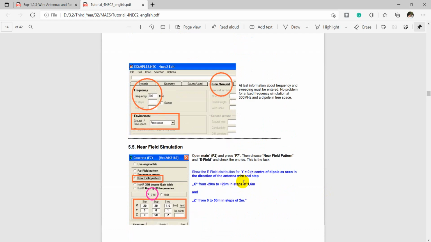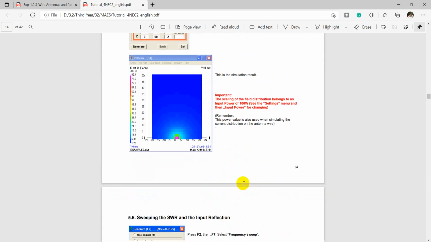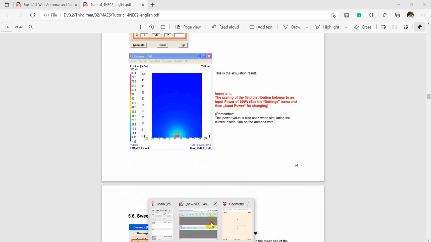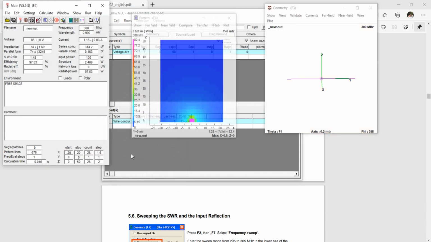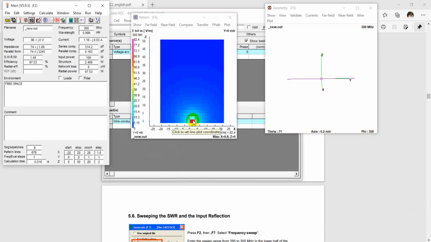this field. Wait, we can see the near field pattern. Does that indicate the value? Yes, it indicates the value. If you put the cursor at any point of this radiation pattern, then you can see the value of voltage per meter at the radiation, which is the violet section.